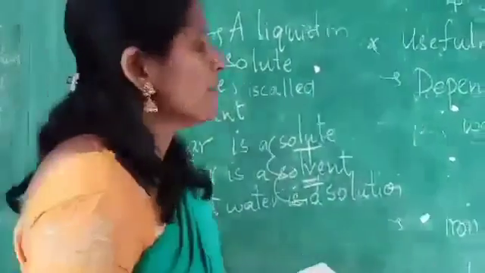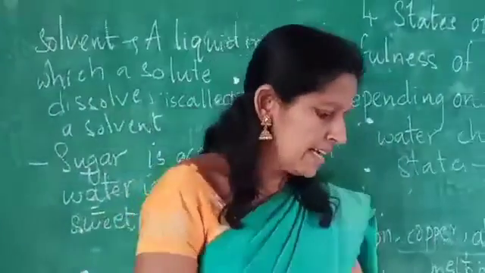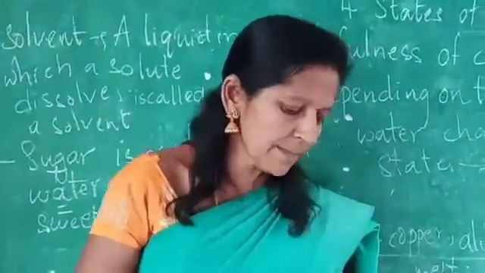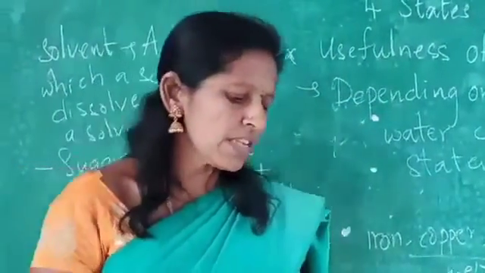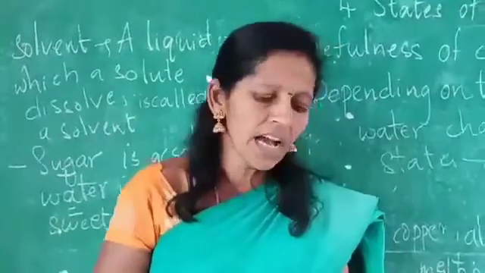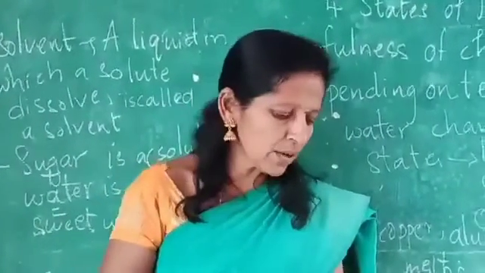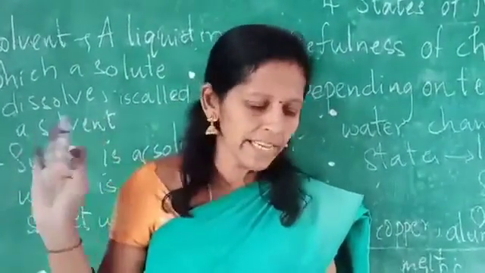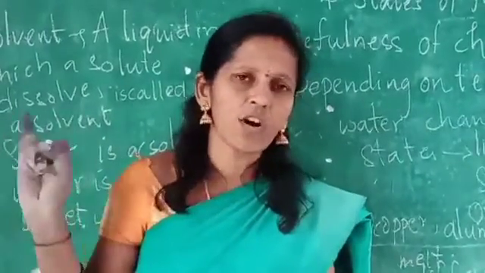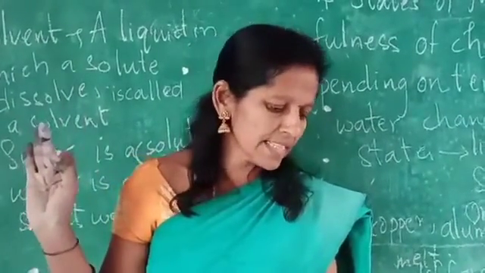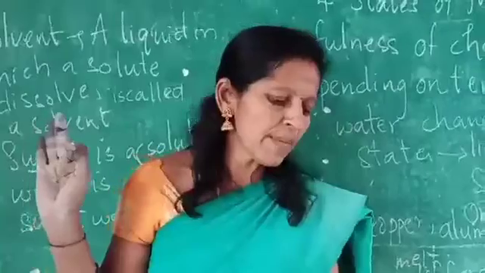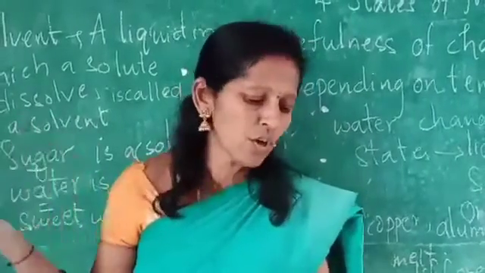Okay, beta, with this we have completed the lesson. What we have learned in this lesson is that all things that we are seeing around us are made up of matter only. Matter exists in three states. What are the three states? Solid, liquid, and gases. The states of matter can change from one form to another.